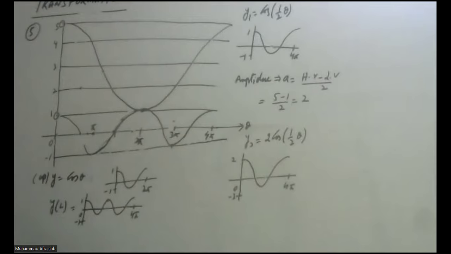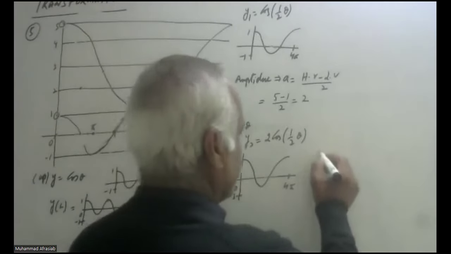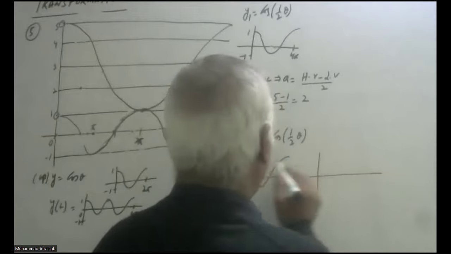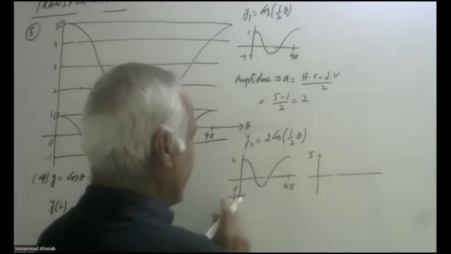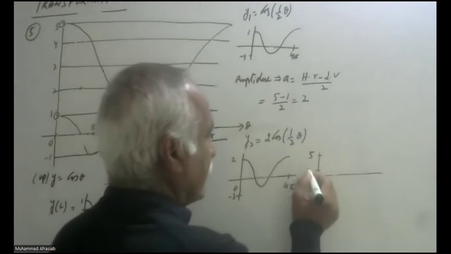Now this graph is being shifted. The original function goes from 5 till 1, so it means 3 units it has been shifted upward. So this value will become, instead of 2, 5, and instead of minus 2, 1.